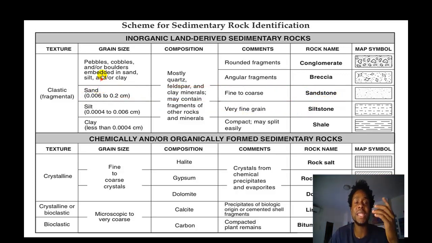Then anything bigger than sand that is a mixture of everything else, cobbles, boulders embedded in sand, silt, and clay, all of that would make up breccia and conglomerate. So it is important you note the difference, the specific particle or sediment size that make up each of the sedimentary rocks. It's another useful way to use your ESRT page 7 sedimentary rock identification.